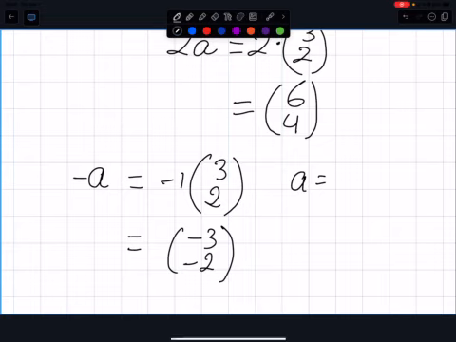A was 3, 2, and negative A is negative 3, negative 2. The only thing that changed is the direction, but it's still the same length. You're still going at the same speed, like walking from this classroom to the end and then walking back.